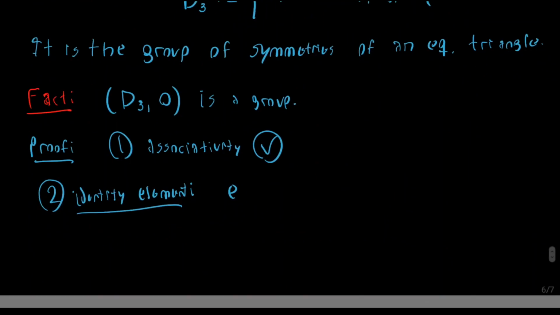Why is that? Whatever transformation we apply to the triangle, be it R squared, SA, SB, SC, or whatever, E will keep the vertices completely unchanged, whatever reordering of vertices the triangle possessed.